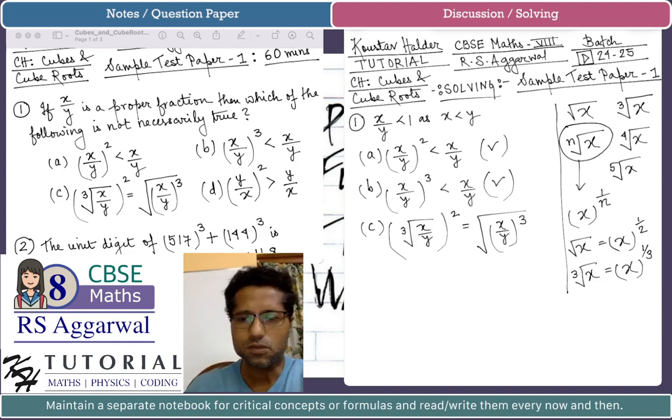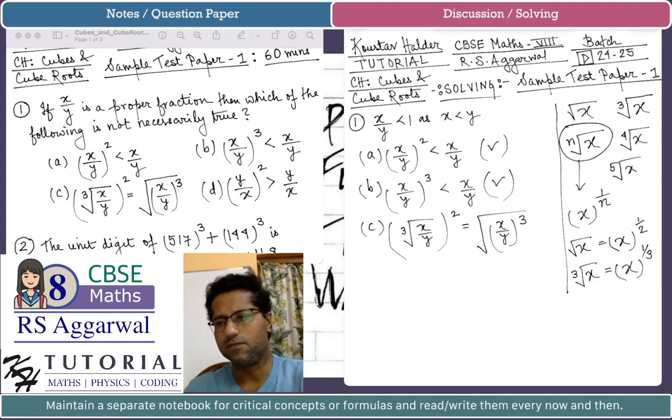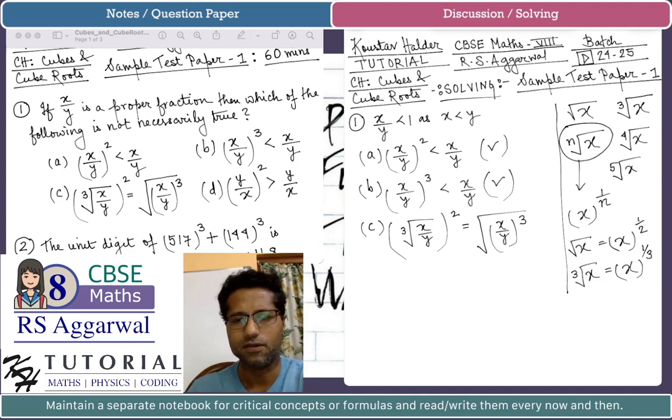Okay. So once we are clear that the square root of x is x to the power 1 by 2 and the cube root of x is x to the power 1 by 3, let's apply this concept to see whether option C is correct or not.